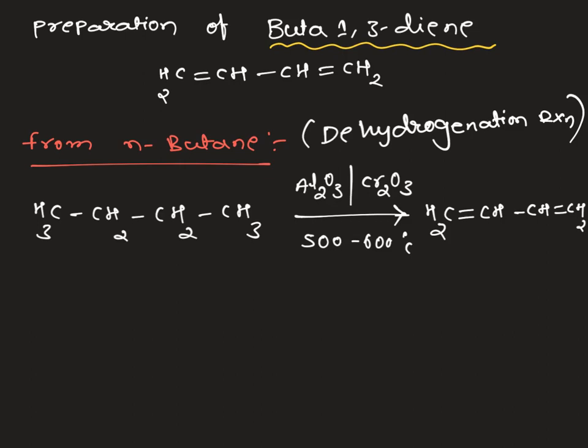From n-butane, 2 moles of H2 are evolved, and as a result it is converted into buta-1,3-diene. This is one method, and we have another method, from alcohols.